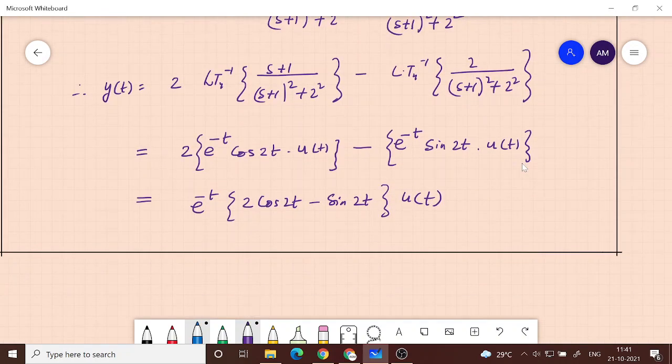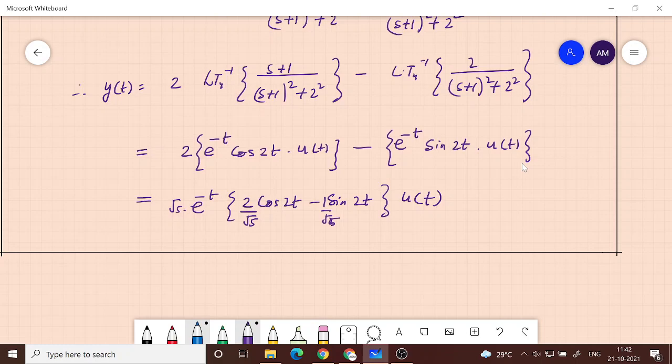So if you want to simplify it further, what you see is the coefficient of this is 2 and here it is minus 1. So if you divide it by square root of 2 square plus 1, that is square root of 5, and so here also you can do that, and then here you have to multiply with root 5.